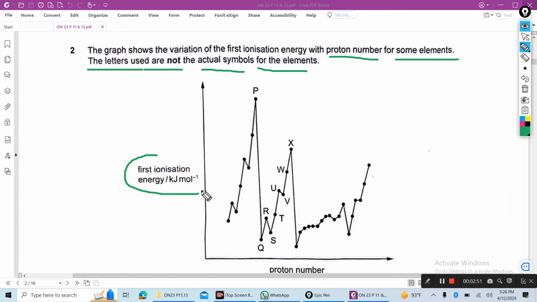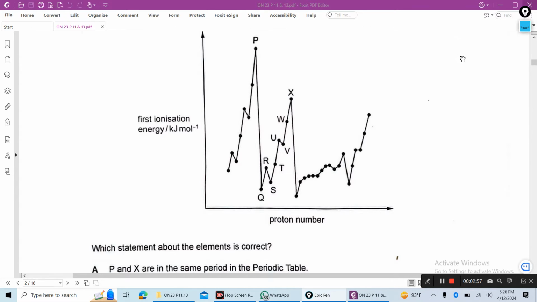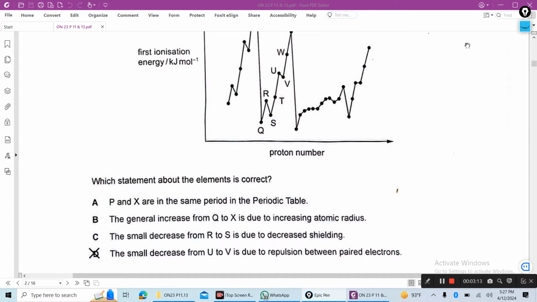The y-axis is first ionization energy and the x-axis is the proton number. You are asked which statement about the elements is correct. D is the correct answer.